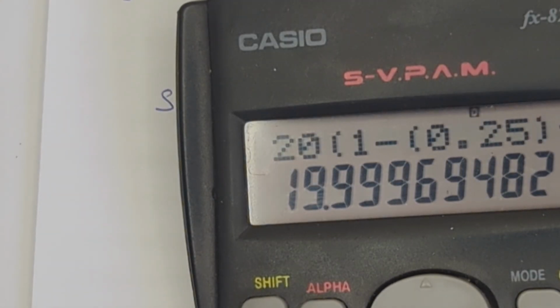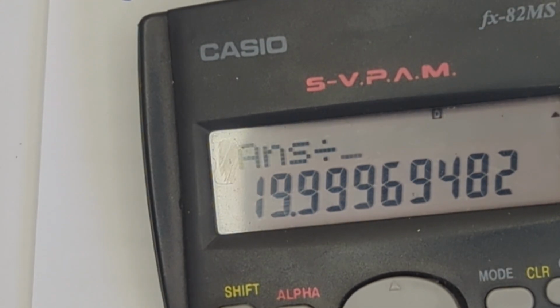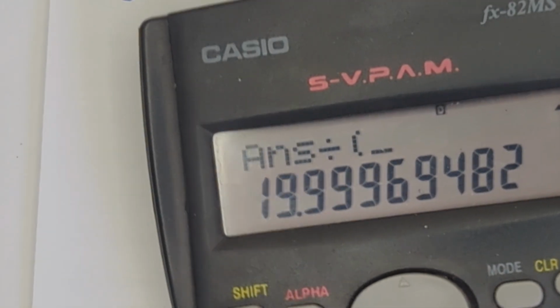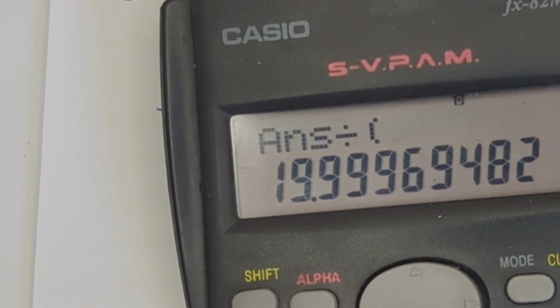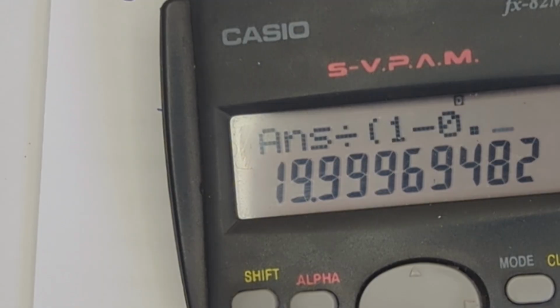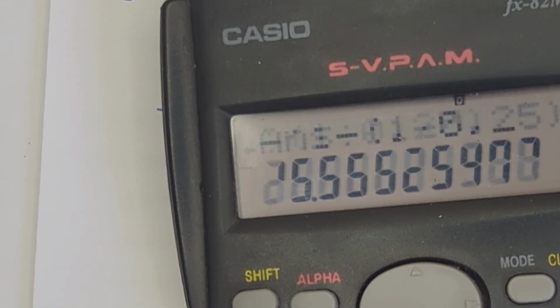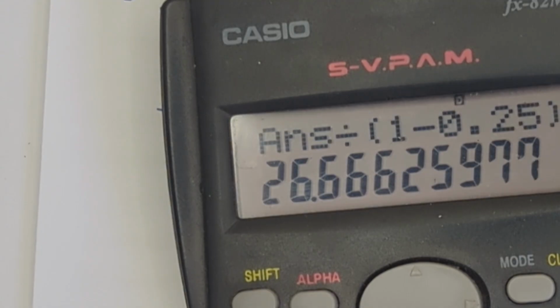The answer divided by, on the denominator part, 1 minus 0.25. This is giving us 26.6, so we can round this number to two decimal places, so this is going to be 26.67.